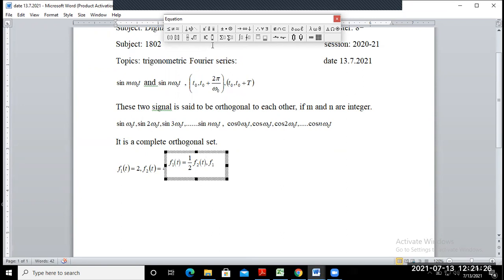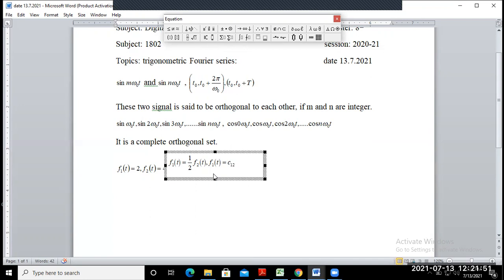Any function can be represented approximately in terms of another function. f1t equal to some coefficient, suppose we represent the coefficient as c12, so c12 into f2t. So what is c12 here? 1 by 2, okay.